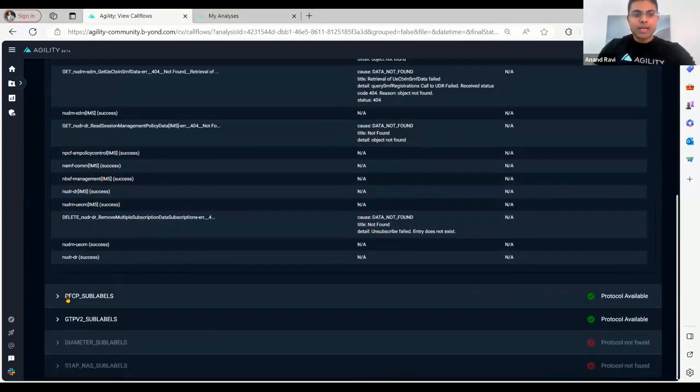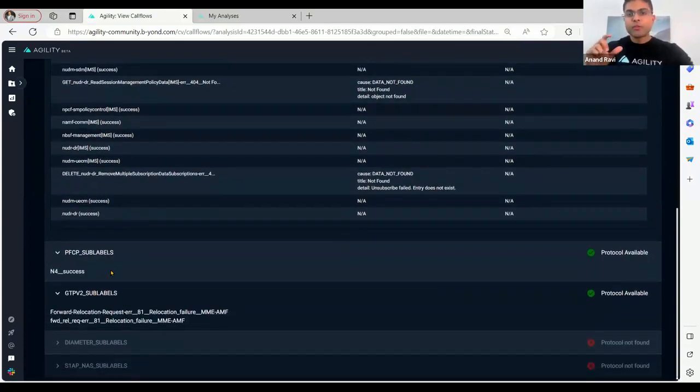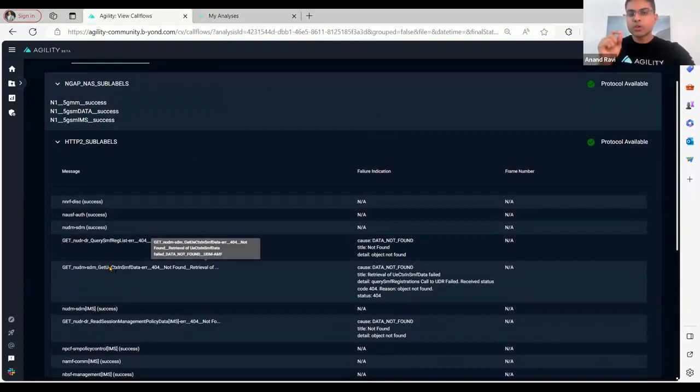And then, of course, you will have your PFCP for packet forwarding, N4 setup, and then you will have GTPv2 for your N26 handover towards LTE, right? So a lot of correlation has to be performed within each protocol and also across multiple protocols to isolate root causes. So that's where Agility is automating that core task of bundling these protocols together, right?